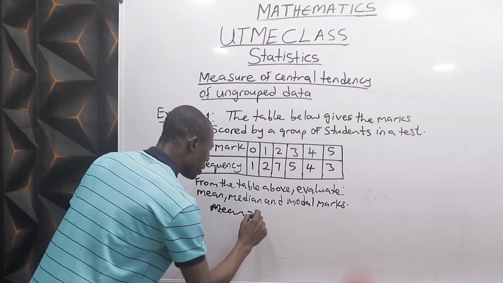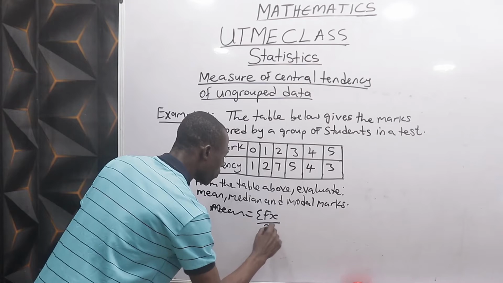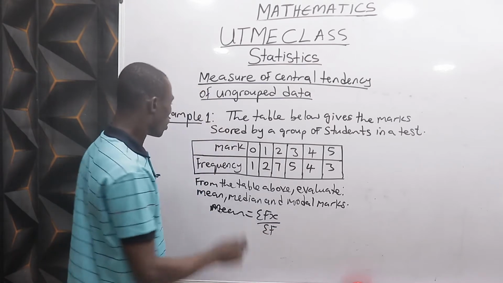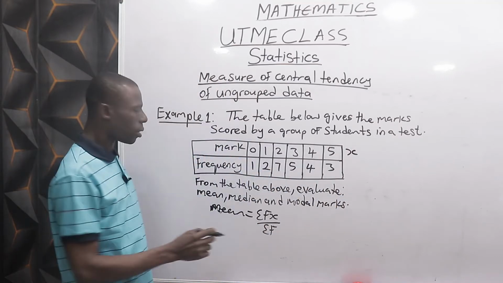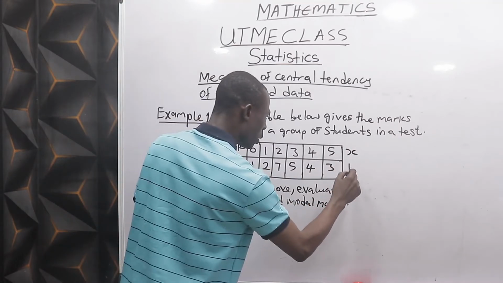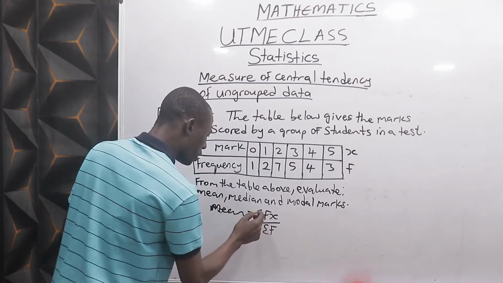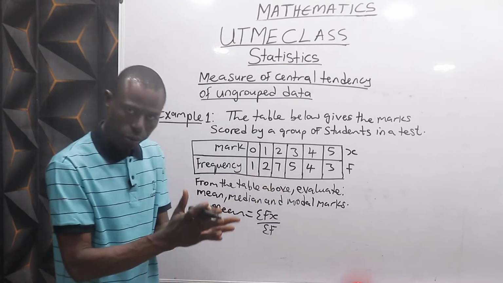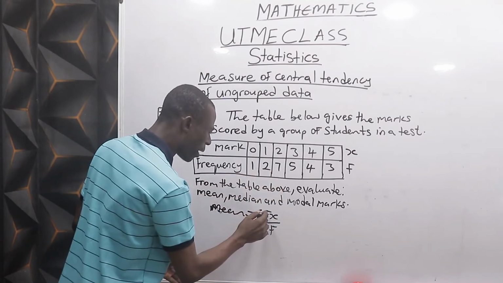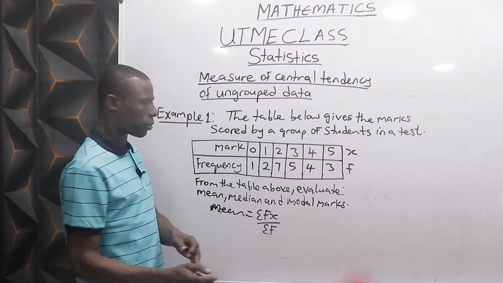Mean is summation fx over summation f. This mark represents our x. This frequency is the f. Wherever you see this symbol, it means summation, addition. Then fx is multiplication of f and x.